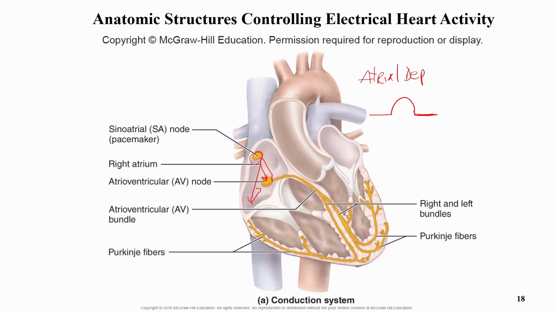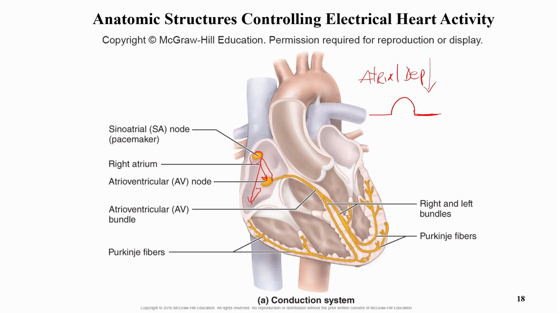In that segment, there's nothing happening mechanically. Well, there is, but you can't see that on the EKG. Electrically, it's like a stall signal. So there's a stall over here. The muscles of the atrium also contract during this period.